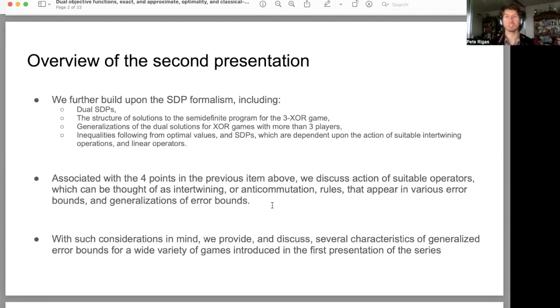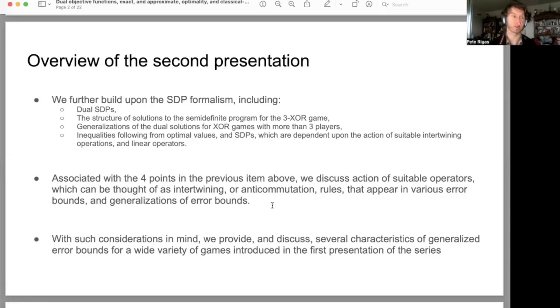In this bullet point, I was drawing the attention of the viewer to the fact that the error bounds, as well as how one would expect the optimal value to behave for some game, are dependent upon the action of this suitable operator, which determines the order in which certain observables from players appear in tensor products, spanning some Hilbert space over the tensor product of the set of all possible responses for each one of the players.